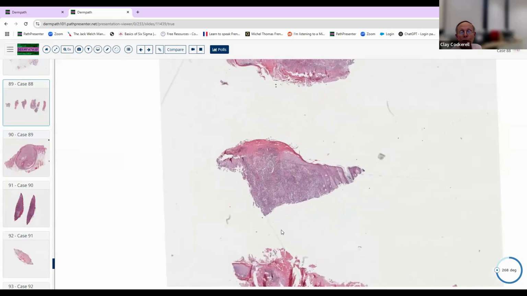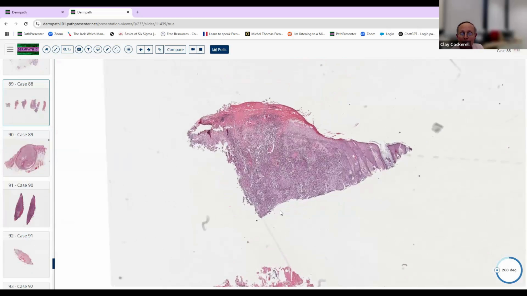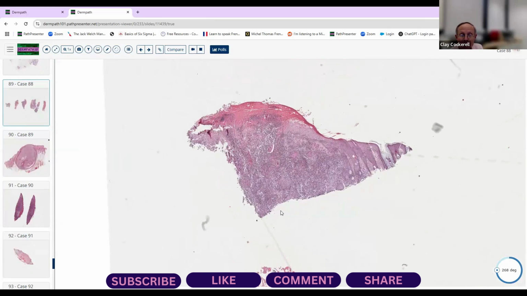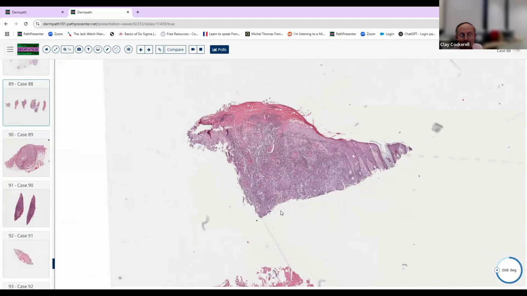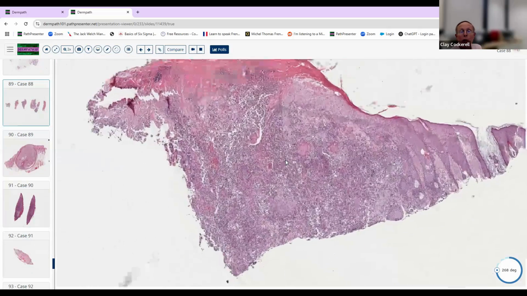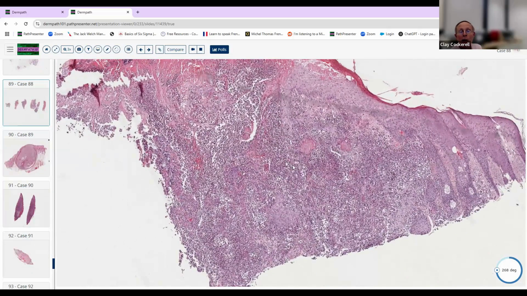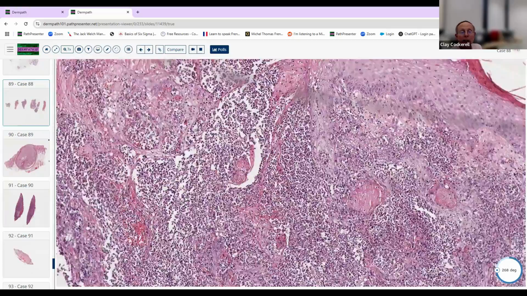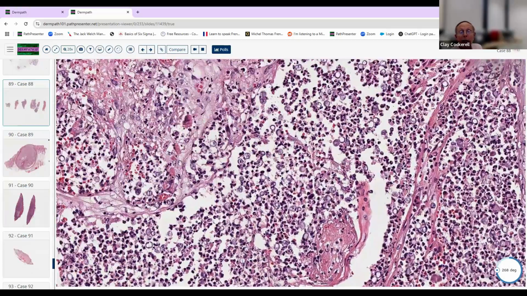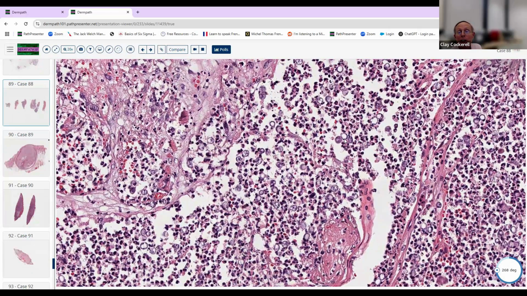Okay, so these last few cases, suppurative granulomatous dermatitis with epidermal hyperplasia, you need to immediately be thinking about an infectious disease. When you see that, you want to go on a bug hunt. You go looking for organisms. Where do you look? You look in the areas of suppuration, and there are lots and lots of organisms here, with broad-based buds.